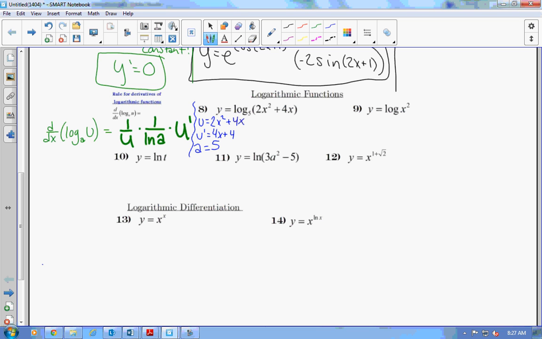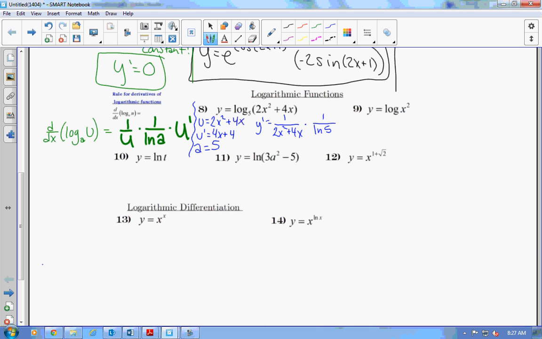So, y prime equals 1 over u, so 1 over that binomial 2x squared plus 4x, times 1 over the natural log of the base, times 1 over natural log 5, times u prime.